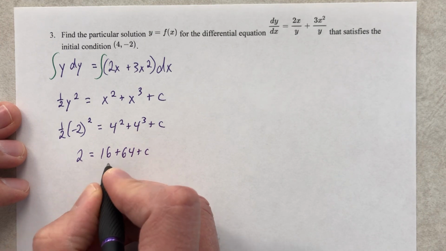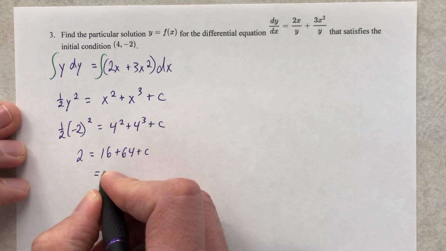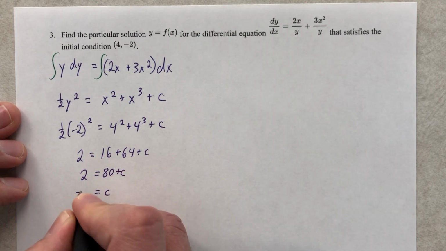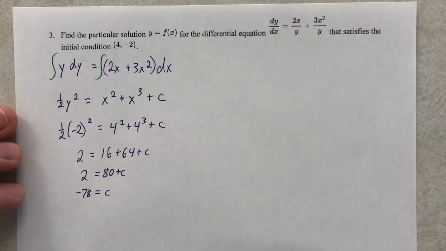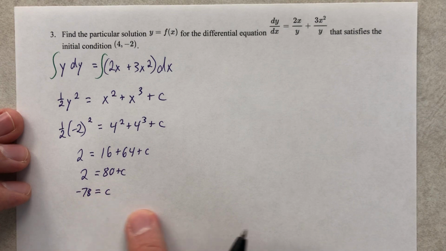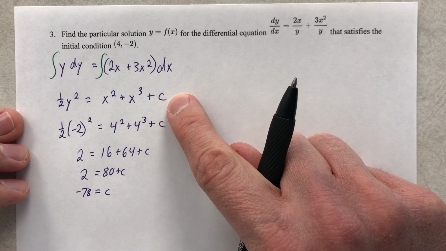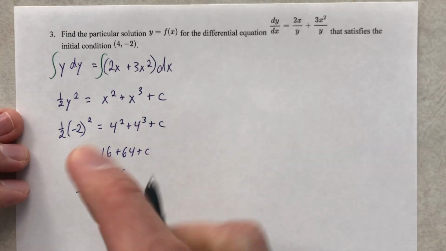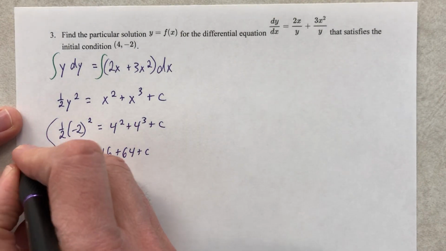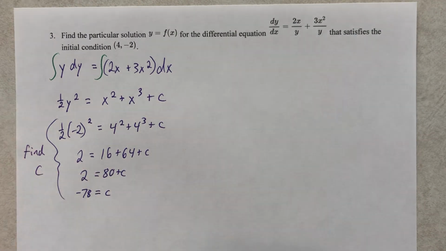That gives me 80, and 80 plus c is 2, so c is negative 78. Yes, I'm happy. I now know c, so what I'm going to do is start back here, knowing c, and solve it for y. This kind of cycles back around, like I took a little detour so I could find c. Yay, we found it.